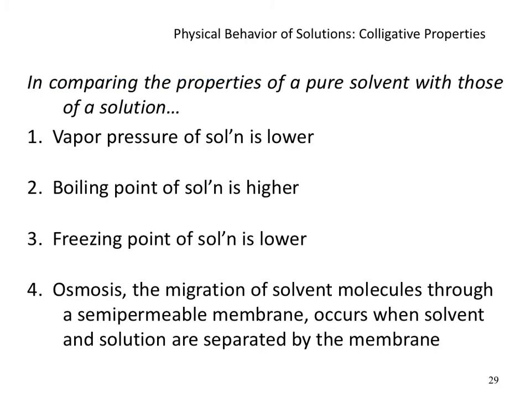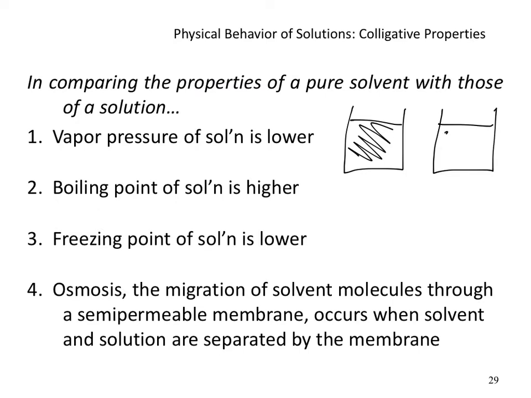Now, before I discuss the details of each of these, I want you to understand that in comparison to the properties of a pure solvent, when you compare those to a solution, in a pure solvent you have only one kind of particles. In a solution, you have the same solvent, plus now in addition to that you have some additional particles.